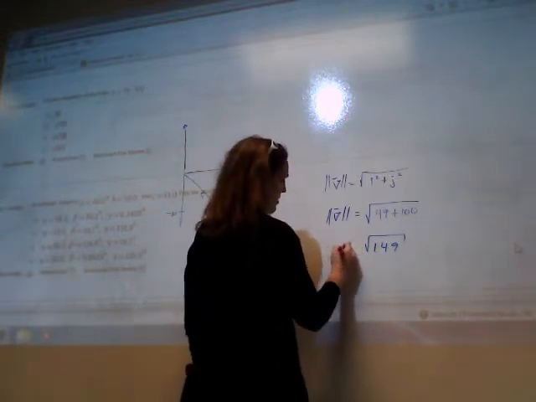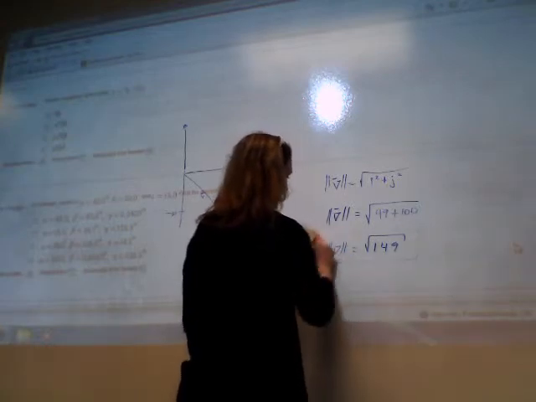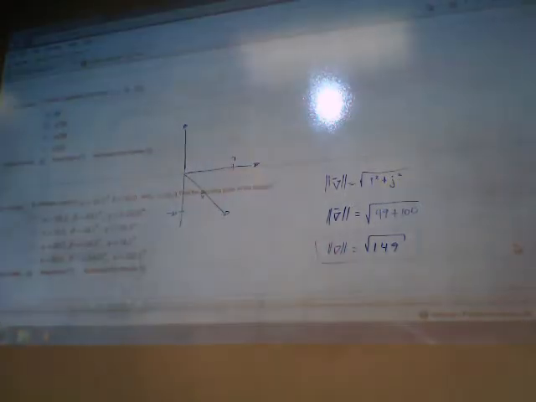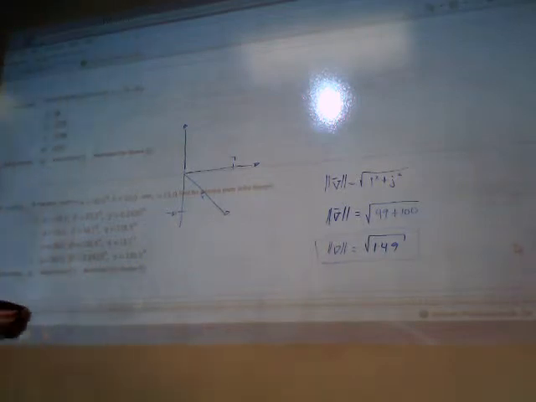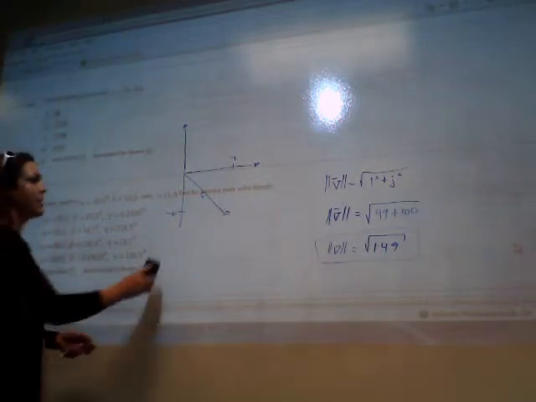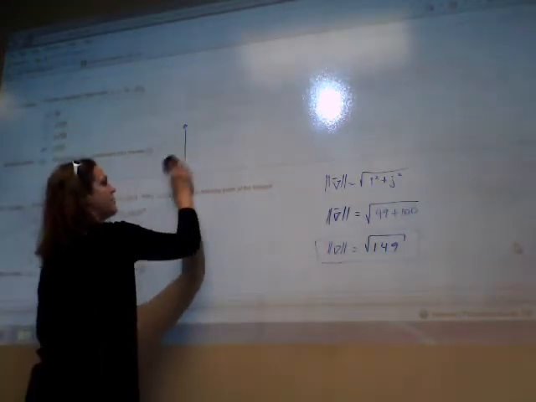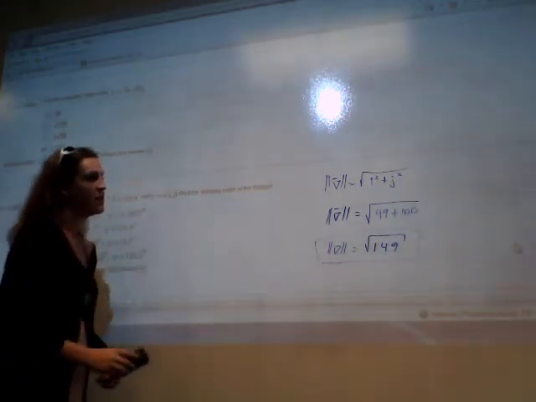I think that is the answer. Everybody good with it? I know, doesn't it seem too simple? But it is that easy. Don't make it harder than it needs to be.